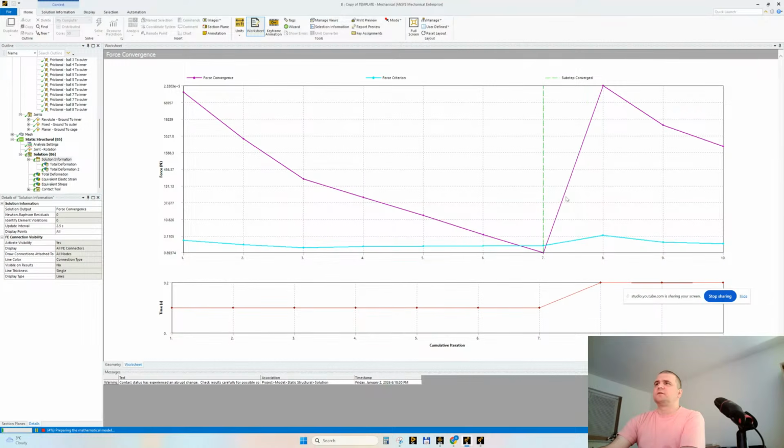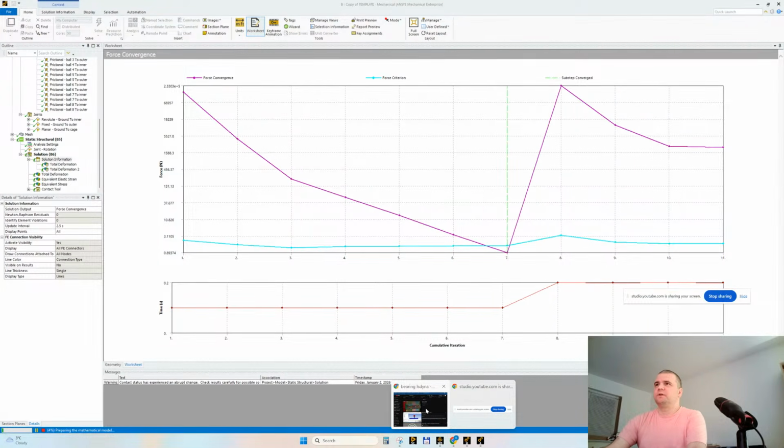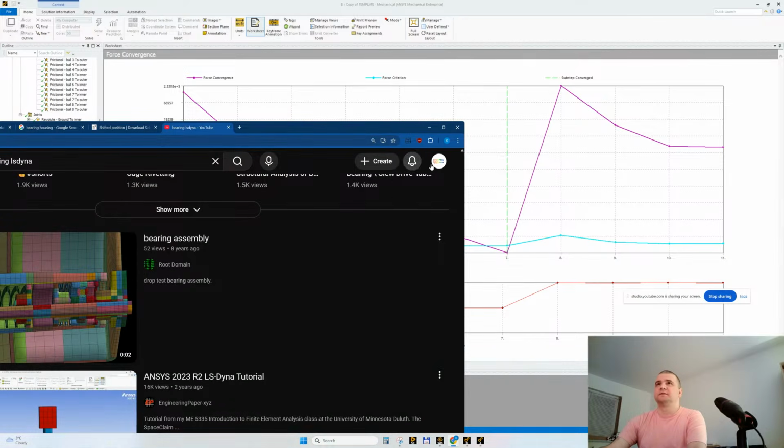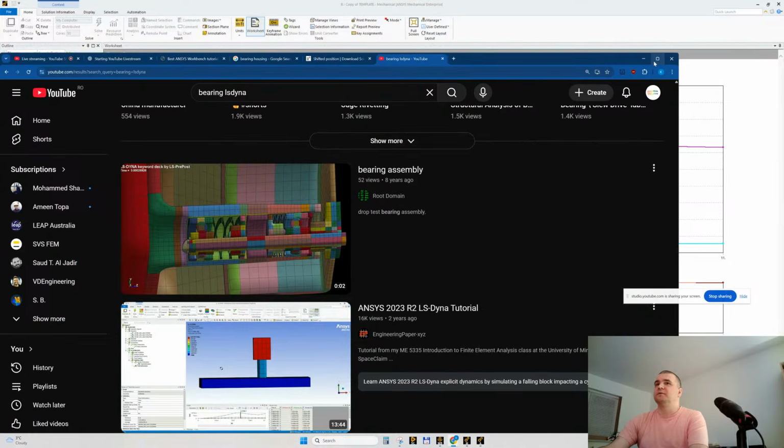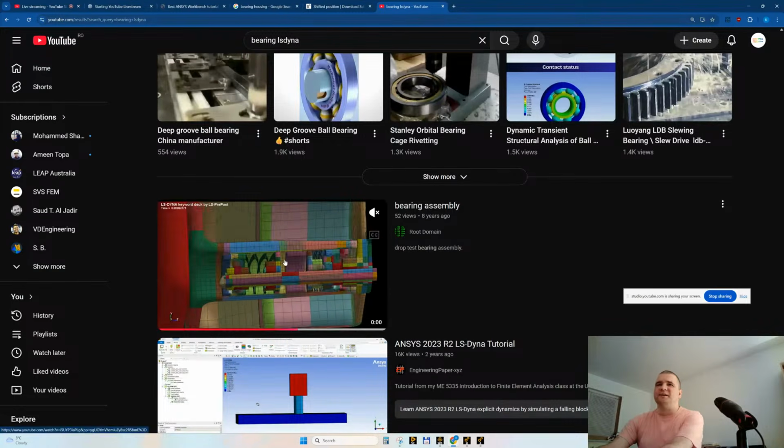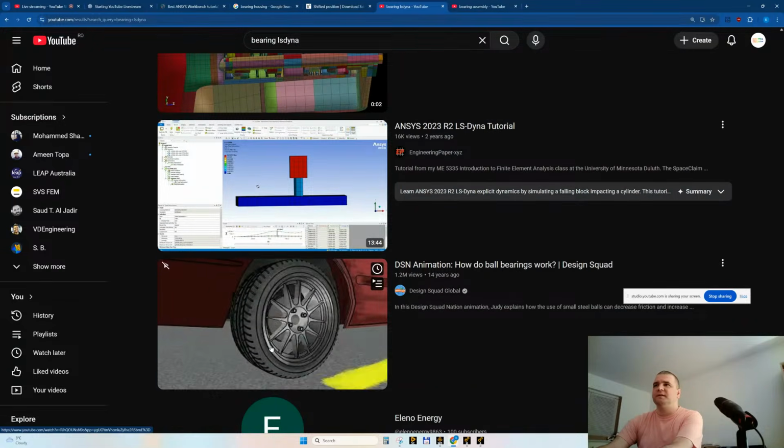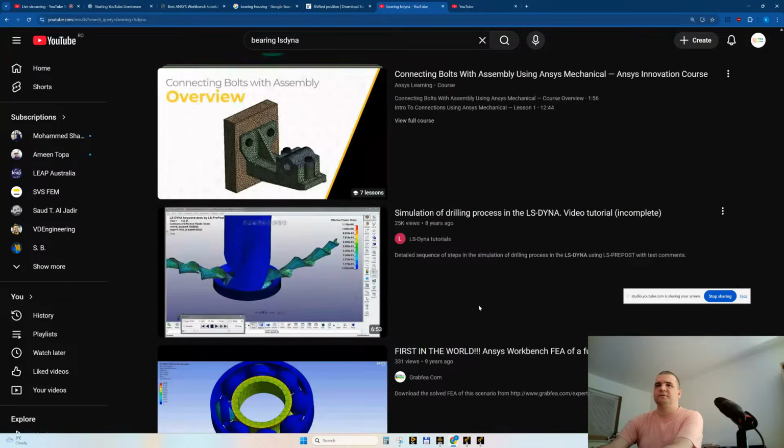So with stabilization, finally, we are on the right track. We have our first convergence in 3 hours of live streaming. So complex. What do we have here? How the bearings work?